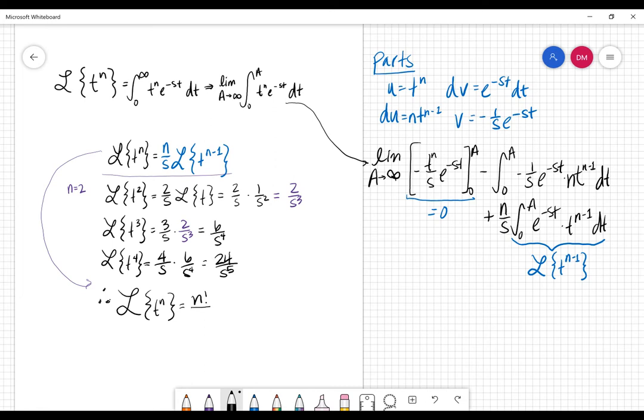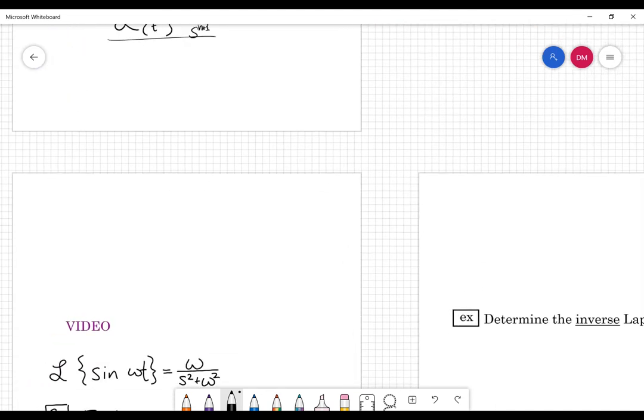And then if we look at the denominator, we get s to the n plus 1. So what my n exponent is here, it looks like every single time I'm adding 1 to that. So this is actually a formula for Laplace of t to the nth where I don't have to know the previous n minus 1 in order to get t to the nth. Okay? All right, so that was yesterday's task.